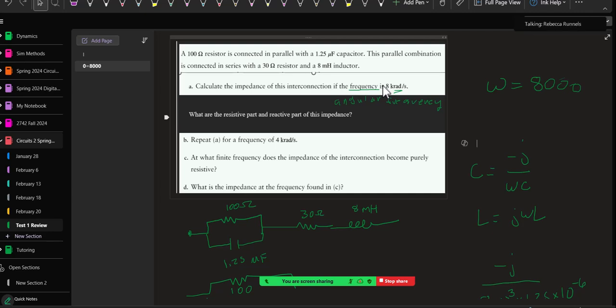A lot of times you don't bother saying the word angular. That's not actually correct, but this was copied from an electrical engineering textbook. I don't think he would do that to you, but be aware that is how people talk. So you have to listen. If it's given in hertz, then it's frequency, and you have to multiply by 2 pi. If it's given in radians per second, then you know it's angular.